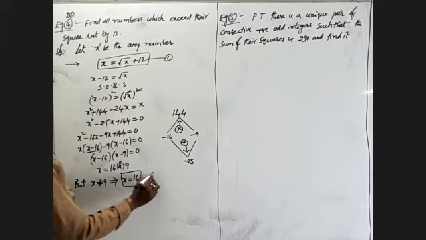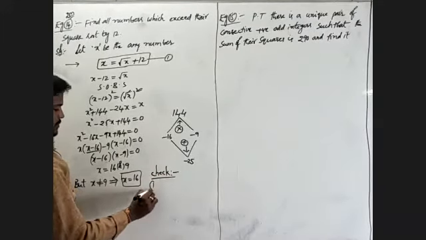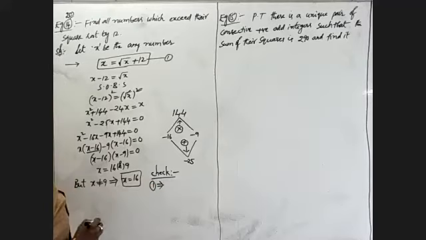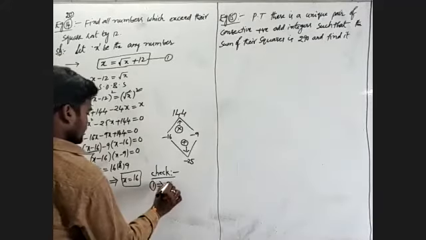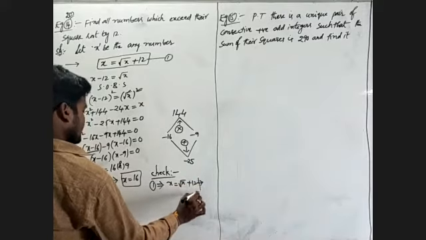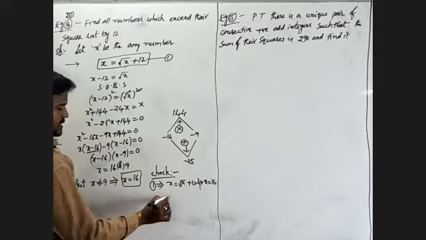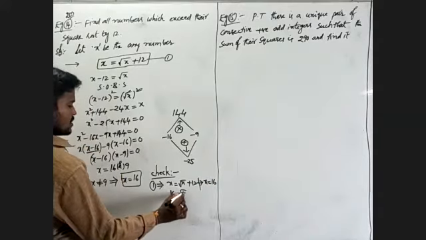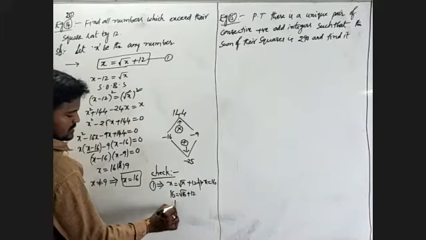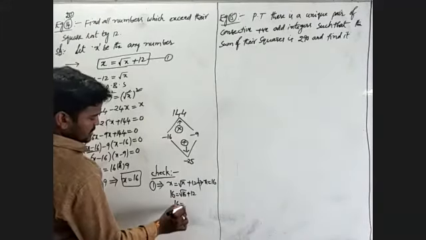From 1, what is from 1? x is equal to root x plus 12. First we take x is equal to 16. 16 is equal to root 16 plus 12. Root 16 is 4, and 4 plus 12 is 16.